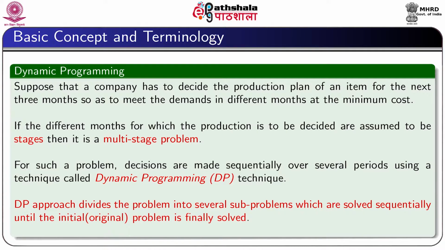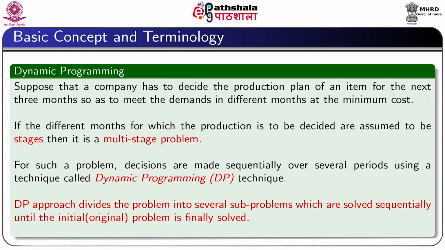In dynamic programming model, the current decisions influence both present and future periods. Dynamic programming approach divides the problem into several subproblems which are solved sequentially until the original or initial problem is solved.